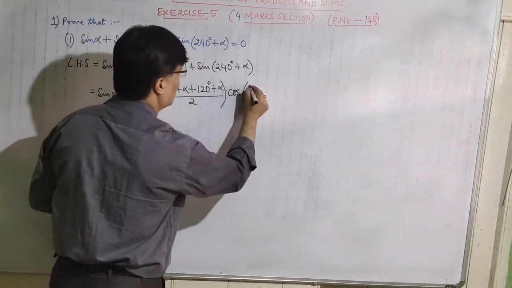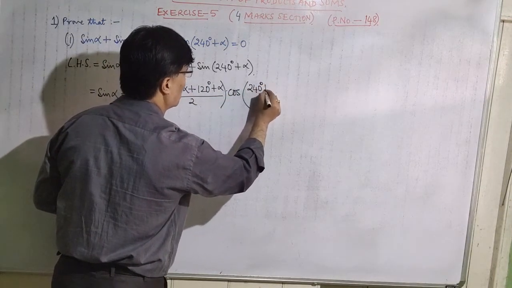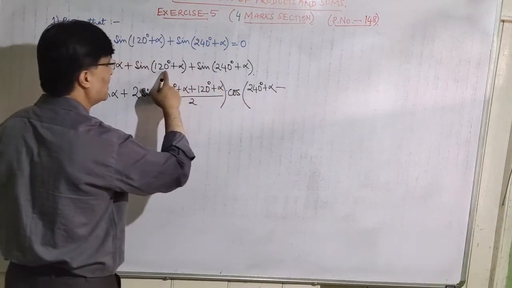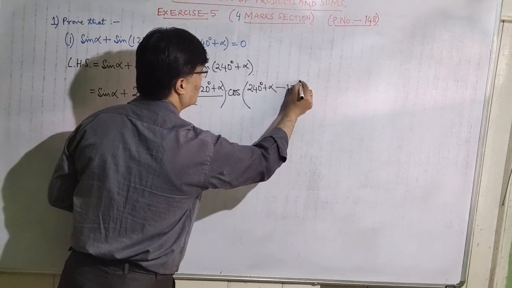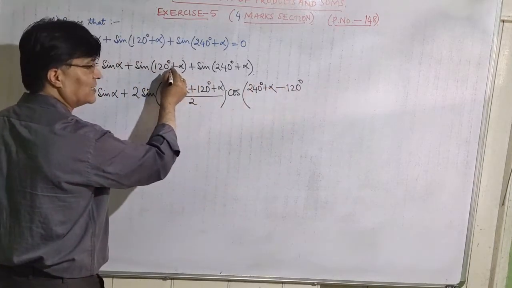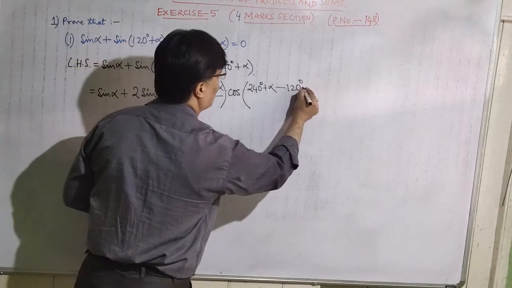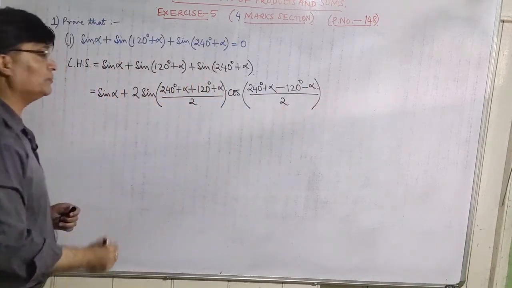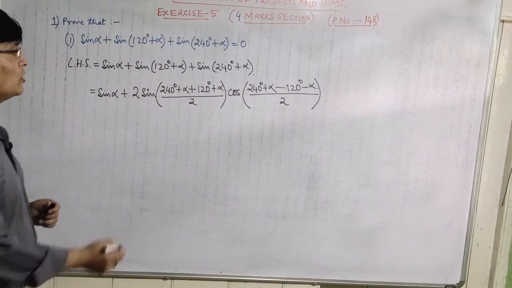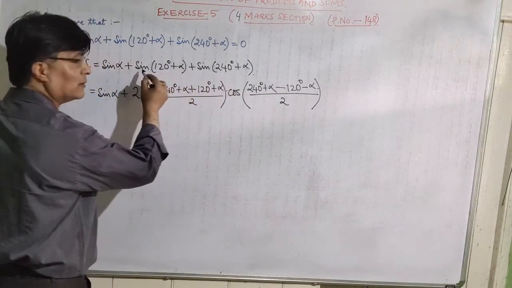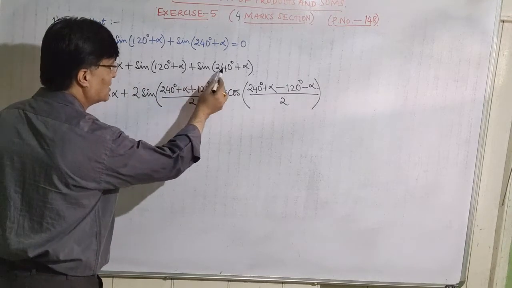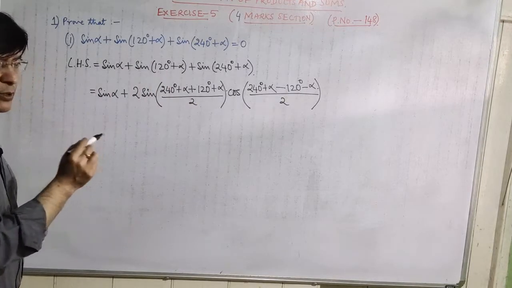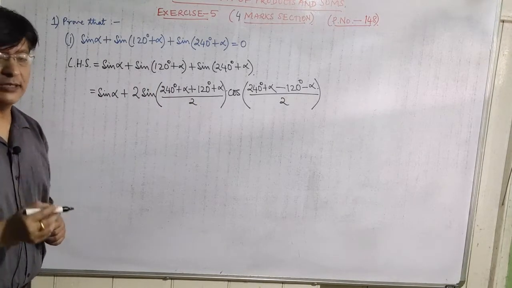C here is 240 plus alpha, right, minus D, so C minus D is 120, with alpha cancelling, divided by 2, bracket closed. Is that clear? For these two terms, third and second, we are using sine C plus sine D, that is 2 sine (C plus D) by 2 cos (C minus D) by 2.